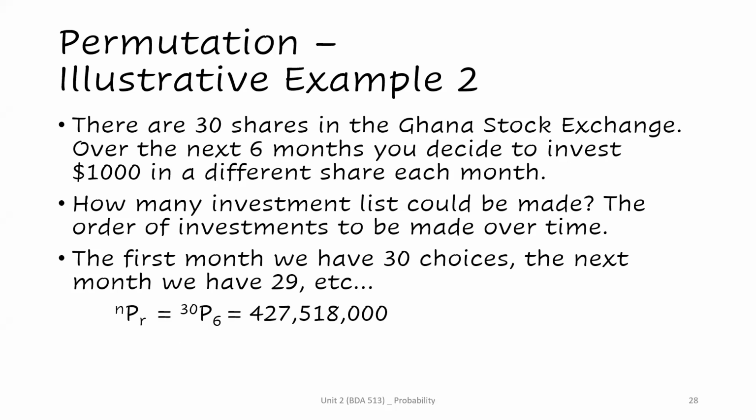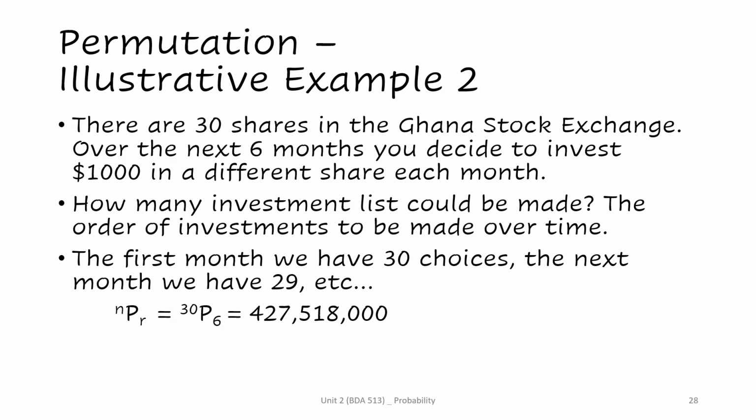For instance, another illustrative question here. There are 30 shares in the Ghana Stock Exchange. Over the next 6 months, you decide to invest 1,000 in different shares each month. How many investment lists will be made? You see that it is talking about lists. The order of investment must be made over time. So the first month we made 30 choices, the next month we made 29 choices, and so forth.